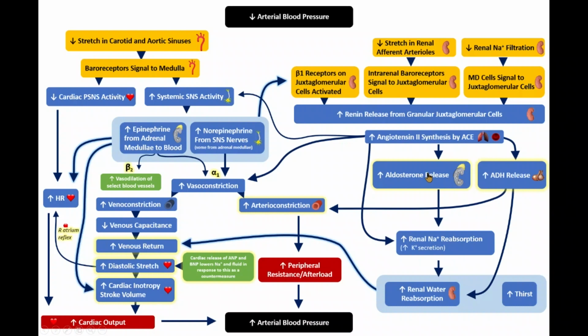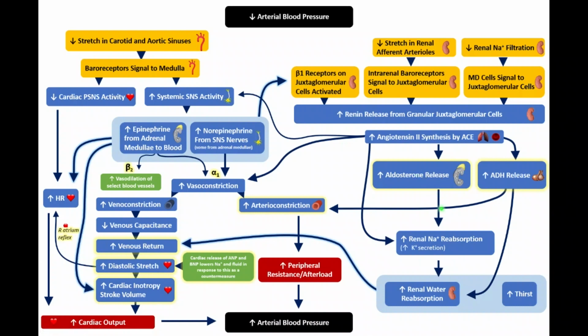But aldosterone also causes sodium reabsorption. In case anyone forgot, reabsorption means moving sodium from the urine that's forming, before it gets into the bladder, right? It's in the kidney. From that forming urine, it moves the sodium into the blood. Okay, so that's reabsorption.